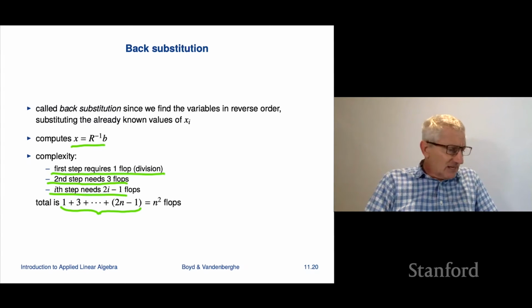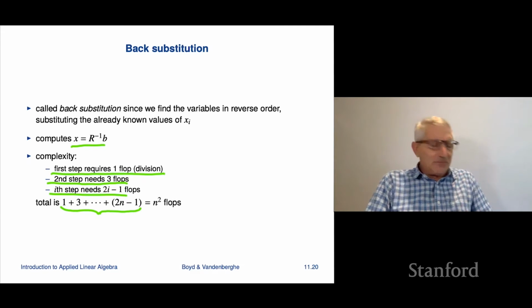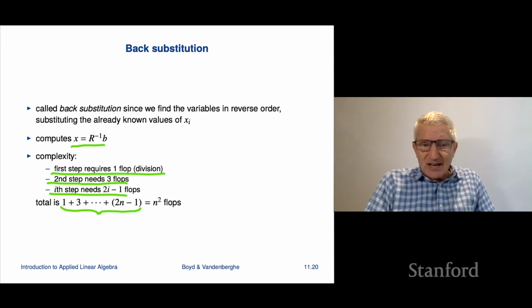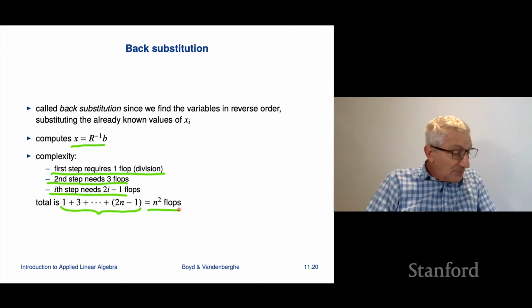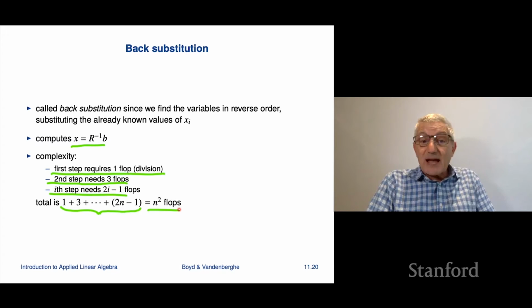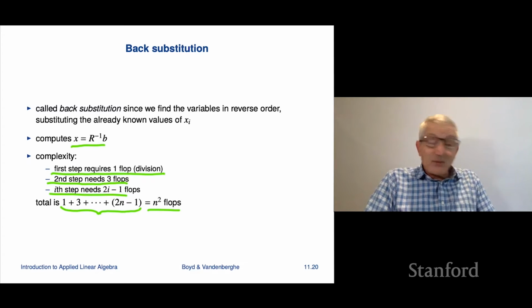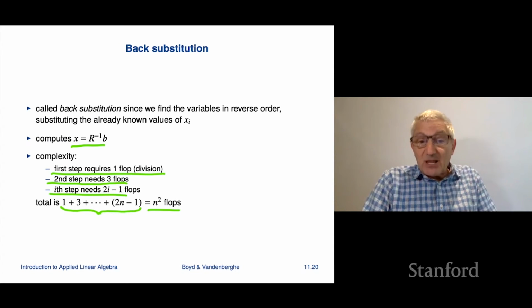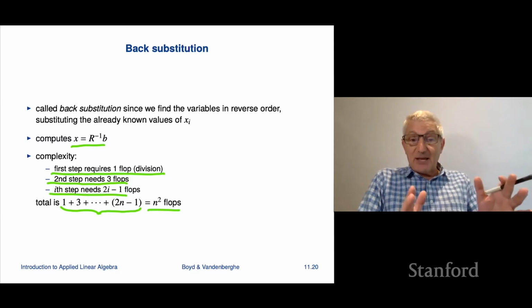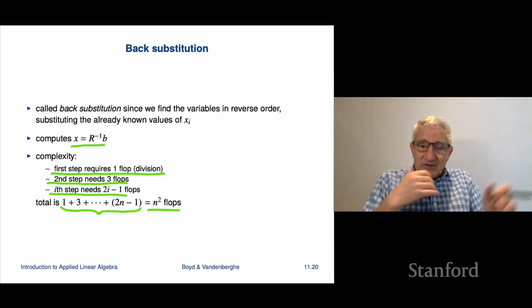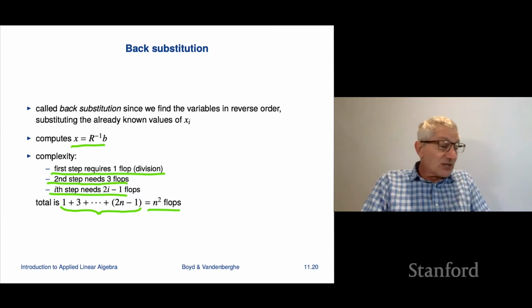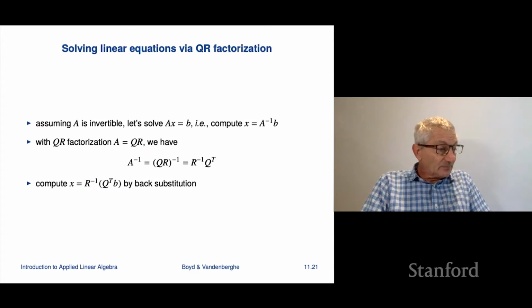It's actually not too hard to show. So it's going to cost you n squared flops to do back substitution. By the way, that's the same order as matrix-vector multiply. If you multiply an n by n matrix by a vector, it's around n squared, maybe 2n squared flops, something like that. So back substitution is in the same order as that.